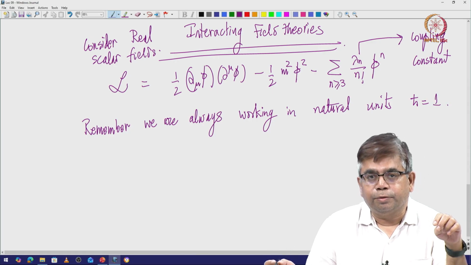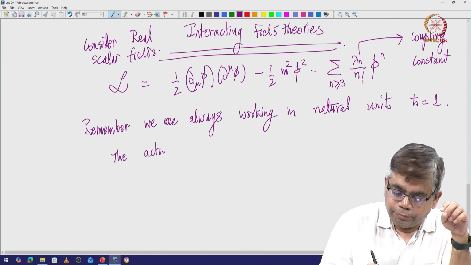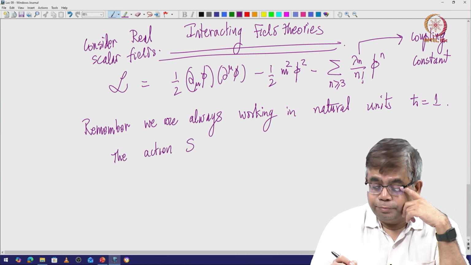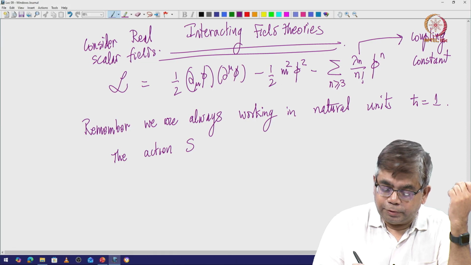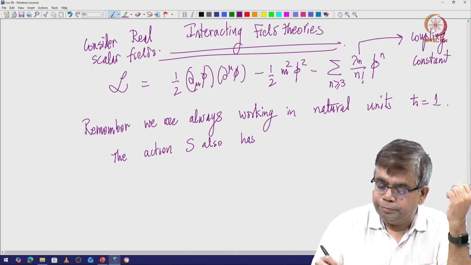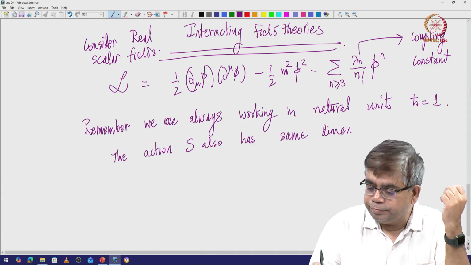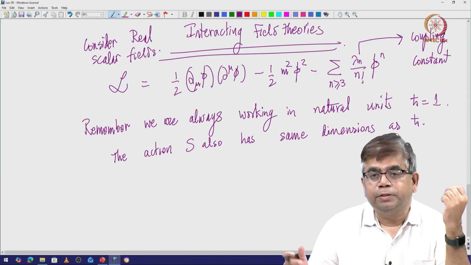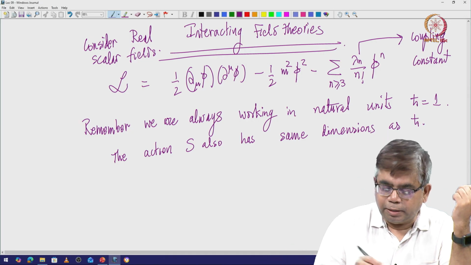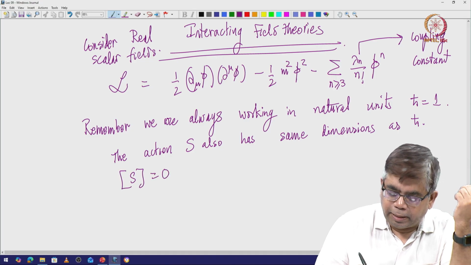So h cross has the same dimensions as the action S. If h cross is set to 1, the action should be dimensionless.